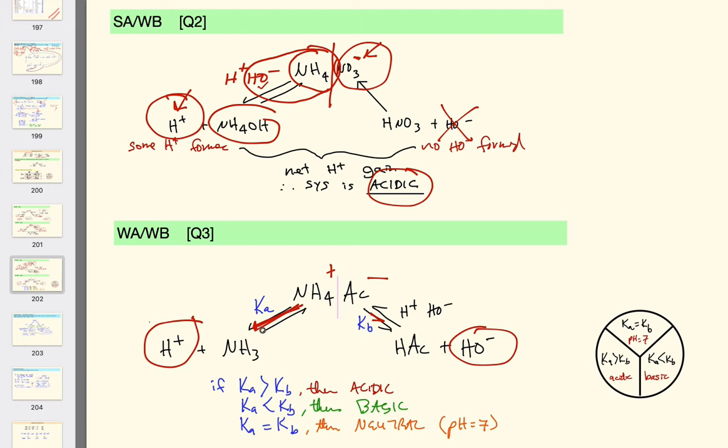And if this goes to a greater extent, you have more protons generated than hydroxide, so it's going to be acidic. Likewise, if Kb is larger than Ka, then you're going to have a net basic solution because more hydroxide is going to form than protons. And finally, if these dissociate to exactly the same extent, then they're going to cancel each other out and just make water, and the pH is going to remain 7.